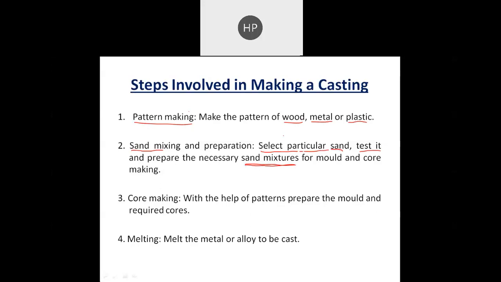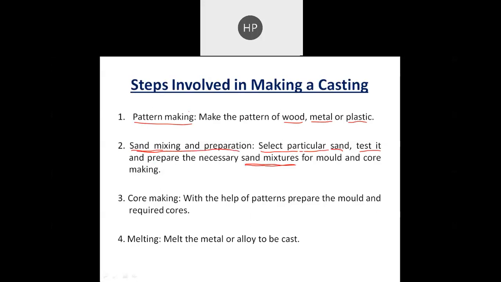In a particular proportion, we mix the sand, clay, and water, and then that mixture is used for further processes. So the first step is pattern making. The second step is sand mixing and sand preparation.